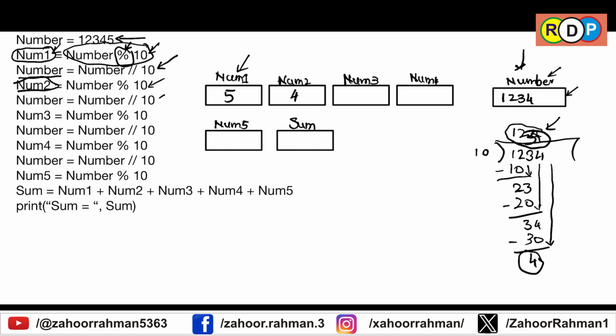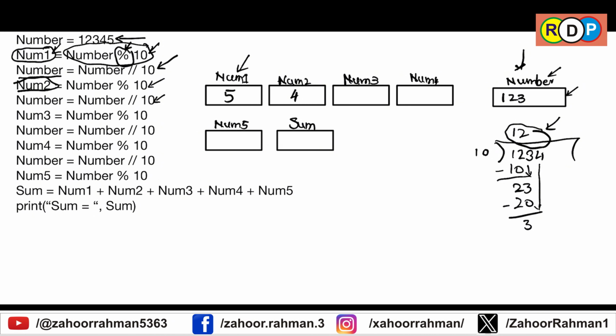Now with this statement we are removing that 4. So when we execute this statement, 4 will be removed from it, and you can see the number's new value is 1 2 3. And when we divide it again, as a result we will get 1 2.